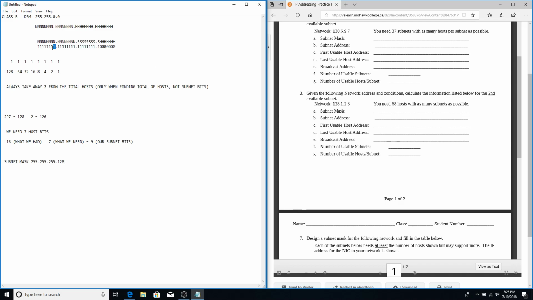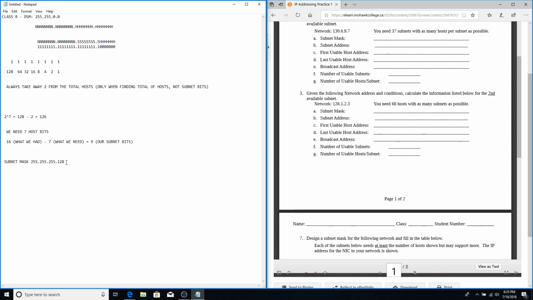So we know when it's all ones, that's 255. So there's 3 octets with all ones, and then this octet only had a 1 in the 8th binary spot, or bit spot, which is 128. That's this guy right here. So that one was really easy.